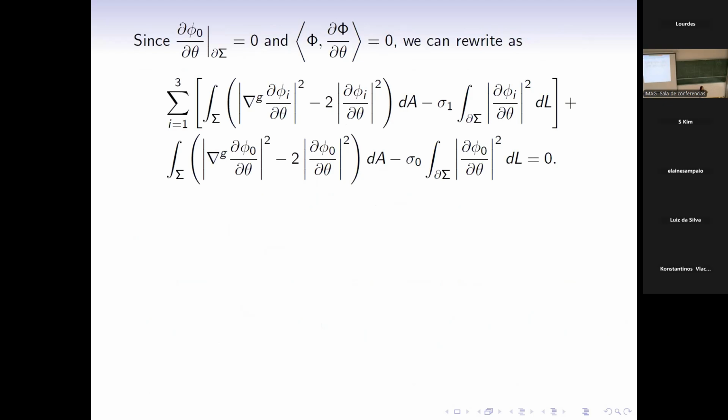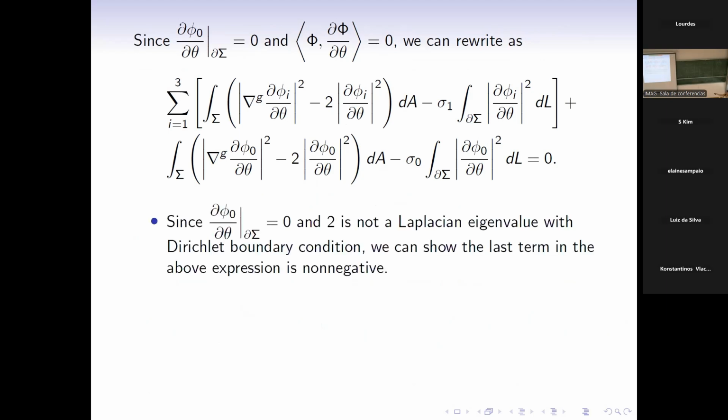And then we rewrite this equality to resemble the variational characterization of the eigenvalues. Okay, so we have this. And first thing is this guy here is 0, since phi naught is constant. And the fact that 2 is not a Laplacian eigenvalue with the Dirichlet boundary condition tells us that this guy is non-negative. Actually, anytime that you have a function that vanishes on the boundary, because of this, you can show that this type of expression has a sign, it's non-negative.